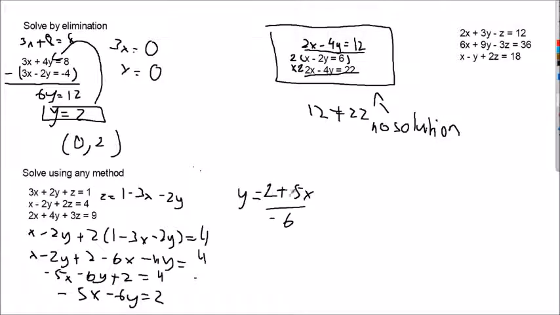So then now we can put this back into the z, which we already had. So now we have z equals 1 minus 3x minus 2 times 2 plus 5x over negative 6.